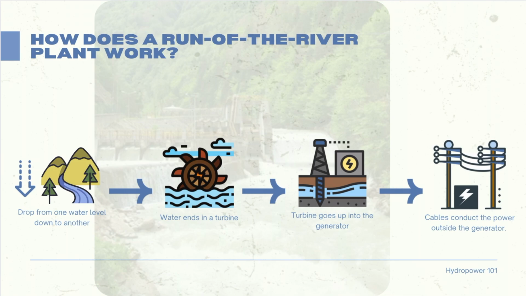The water ends in a turbine that is moved by the current of water that is flowing through the dam. The shaft of the turbine goes into the generator, which produces the power. Then, the water stream reaches the generator, which is connected by cables to the power conductors outside the generator. Consequently, this process of water continues past the propeller and goes through the river.